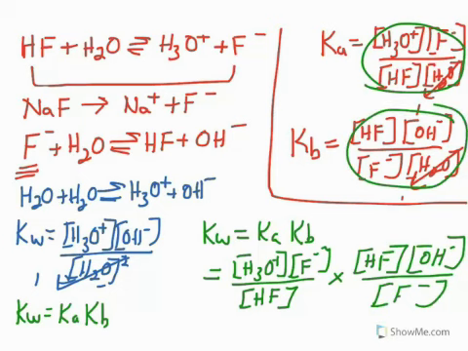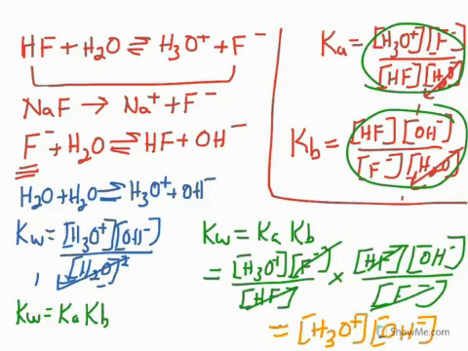So when I multiply those, my F- cancels, my HF cancels, and I get the concentration of H3O+ times the concentration of OH-. And that's why that works.